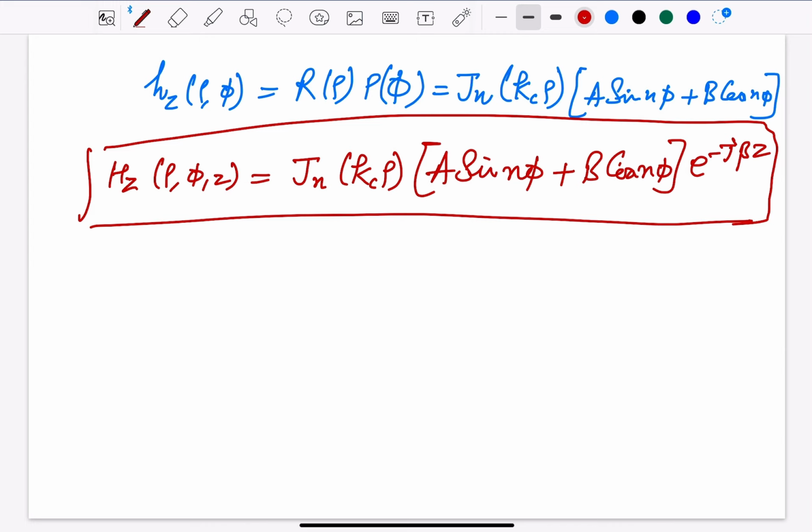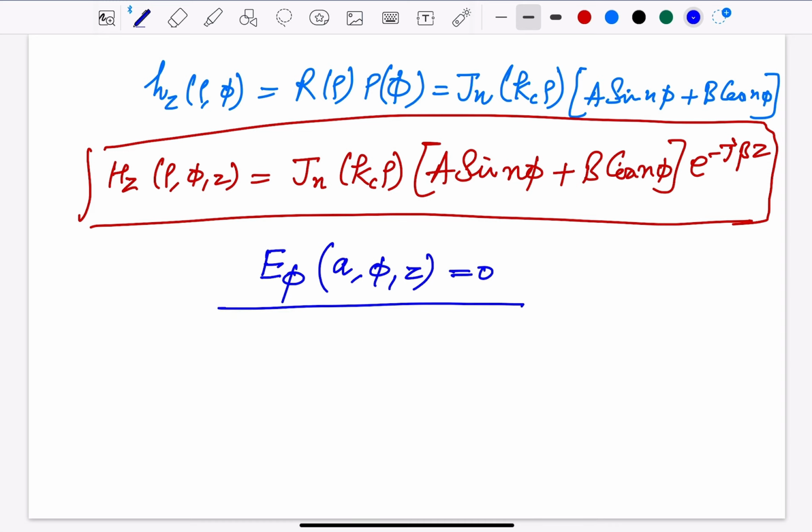And if you write the E phi component on the surface of this cylindrical waveguide, so in place of rho, if I write a, meaning at the radius a, E phi at rho equal to a is 0. This is one of the boundary conditions and could be utilized to fix the other things here.